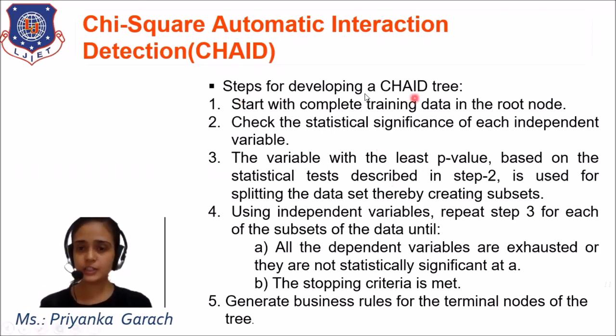So let's see this particular CHAID algorithm, that we have to start with the complete training data in the root node. Then we will check the statistical significance of each independent variable. So statistical significance means the different values, that is the chi-square values. The variable with the least p-value based on the statistical test described in step 2 is used for splitting the data set, thereby creating the subsets.